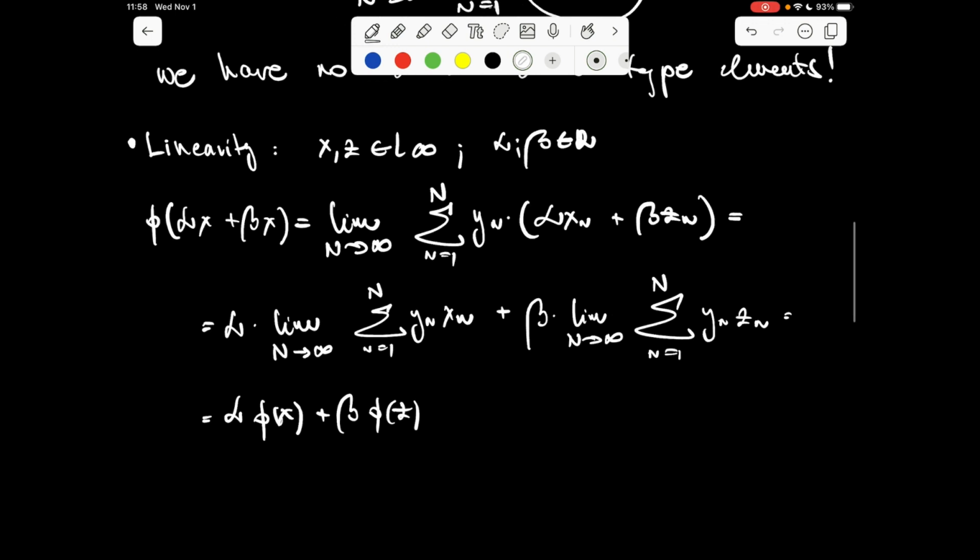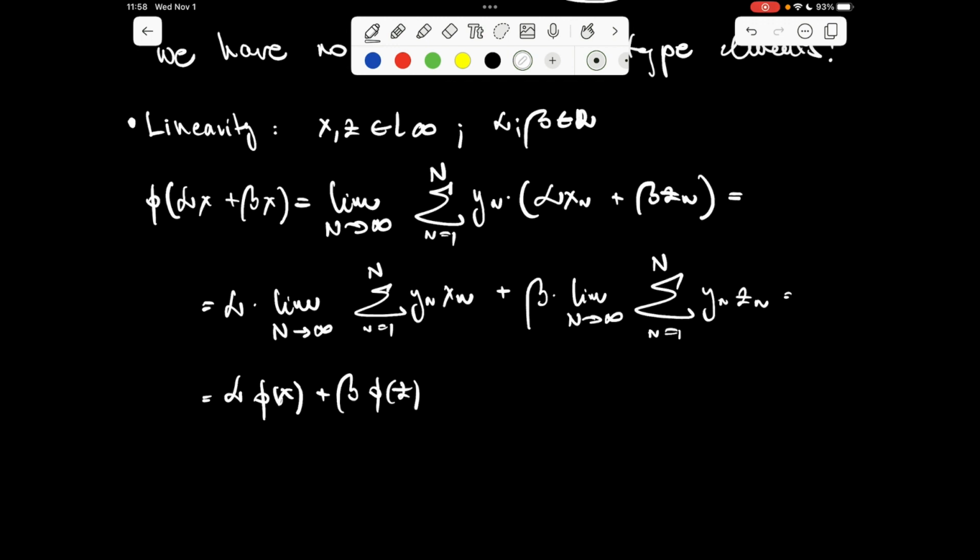We need to check if this linear functional is bounded and continuous. The two conditions are the same. Please check the definition on page 445. If a linear functional is bounded, it is continuous, and if it is continuous, it is bounded.